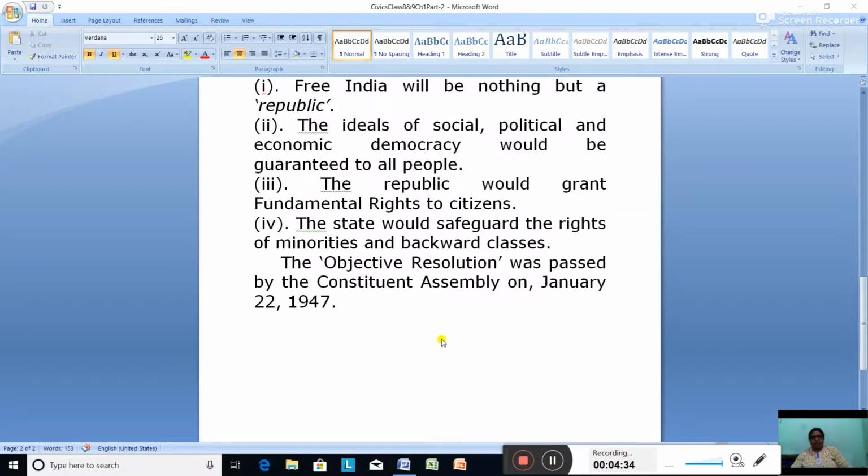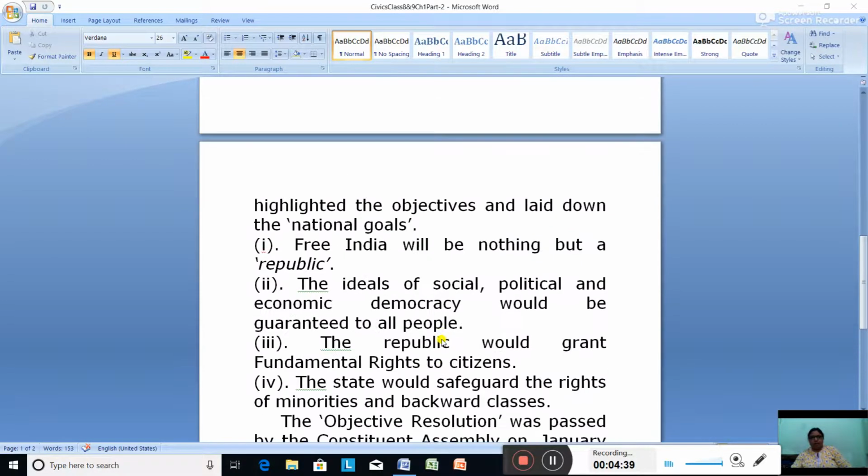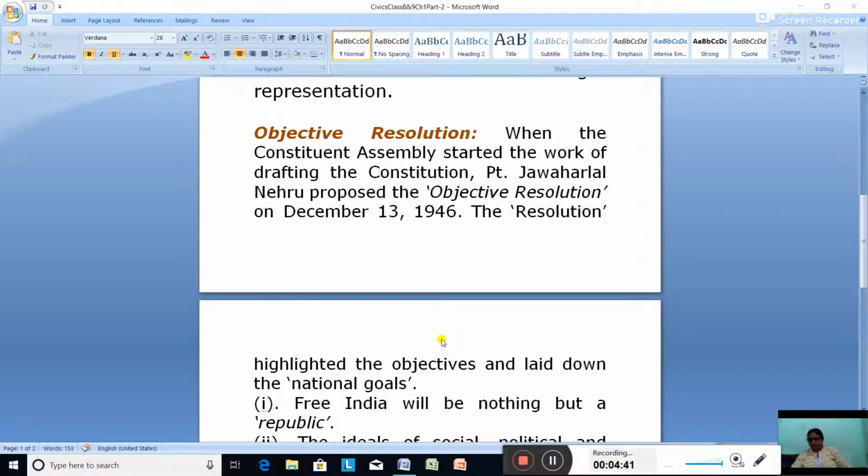Then we have the drafting committee. The Indian Independence Act of 1947, which created India and Pakistan, recognized the existence of the Constituent Assembly.